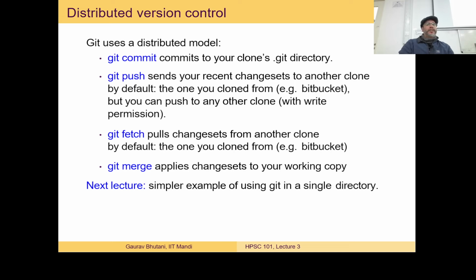It will push all the change sets, whatever commits you did between the time you cloned the repository and now, to the internet. Now that is available on the server. Anybody else who wants to clone it afresh will get this complete version.